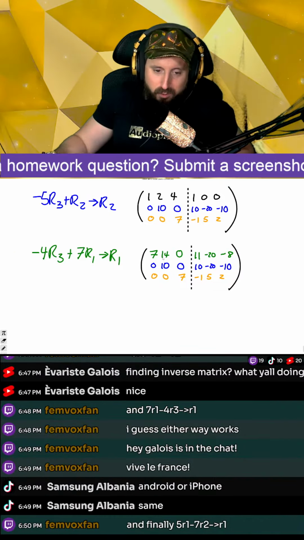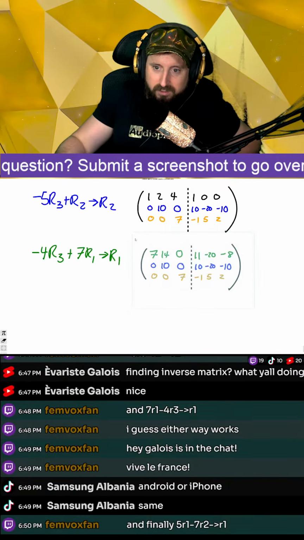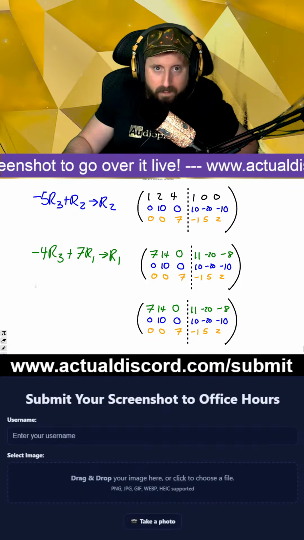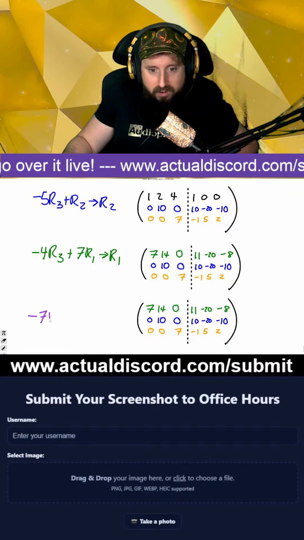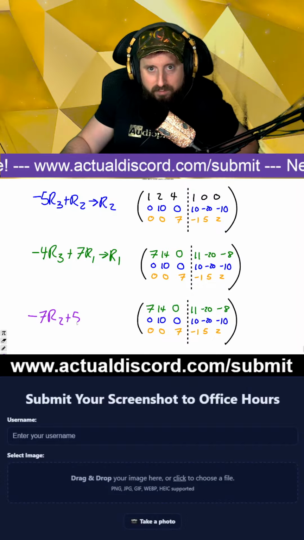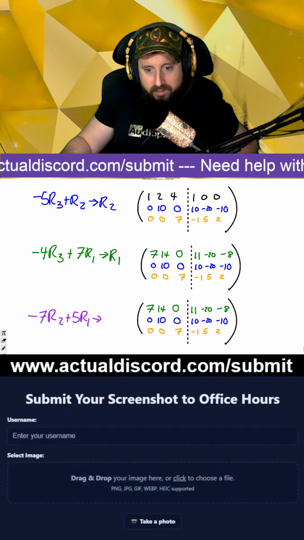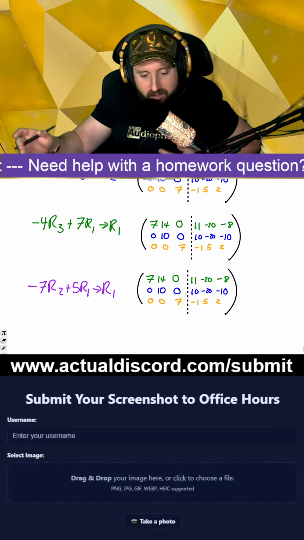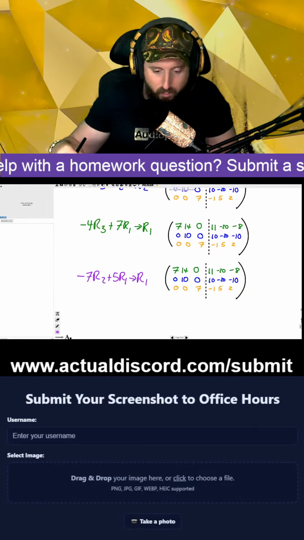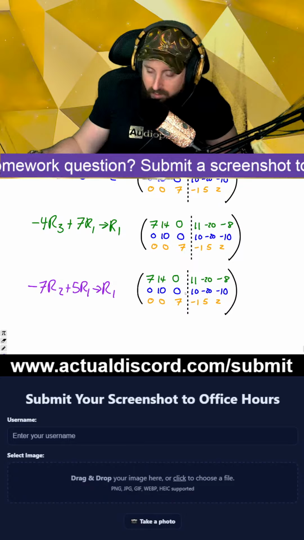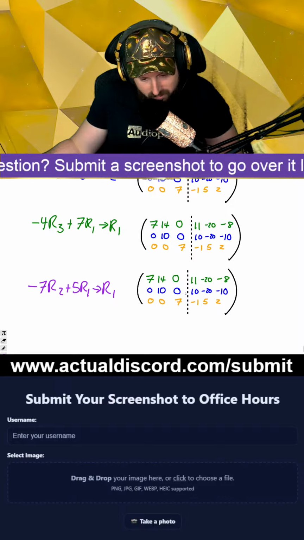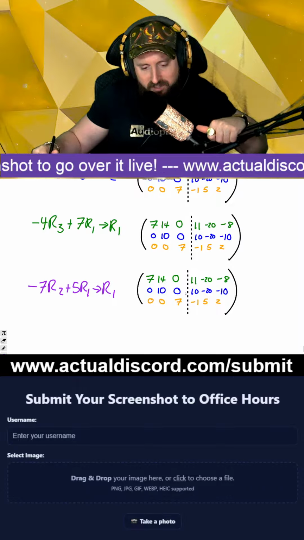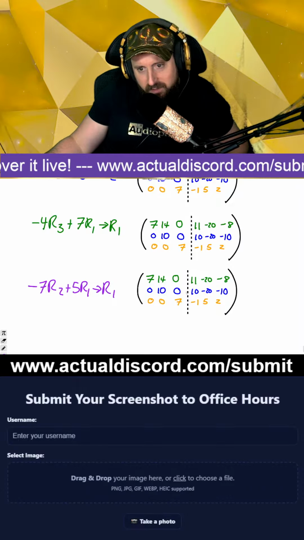And finally, for the coup de grace, we're going to do -7 R2 plus 5 R1 gets you R1. I really like this. This is cool. We're doing this without ever dealing with fractions. And the way we're doing that is that we're doing a bunch of systems of equations by elimination, basically. Okay.